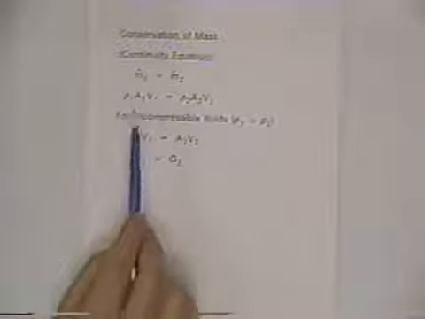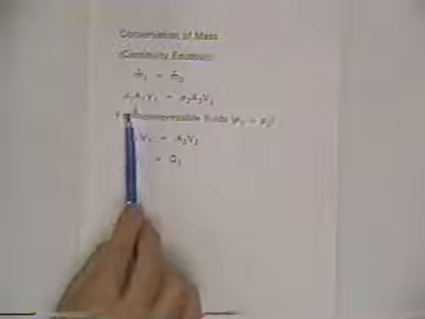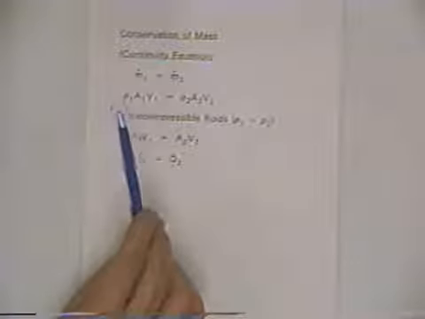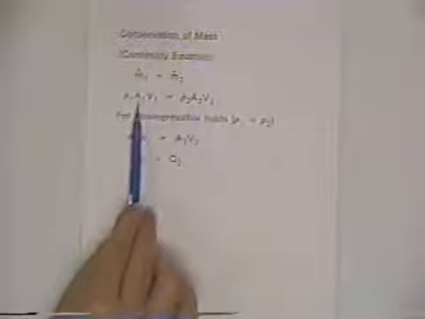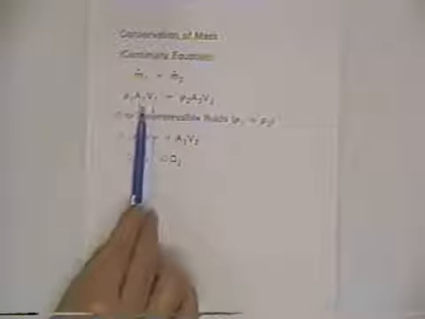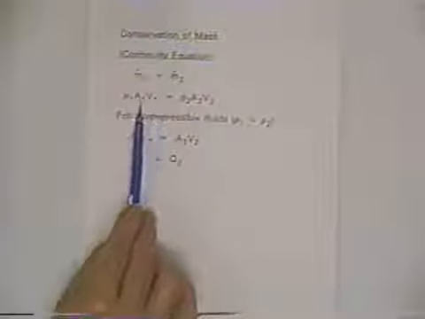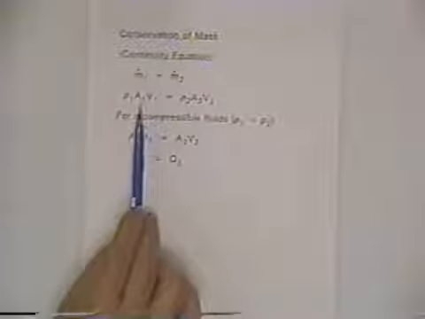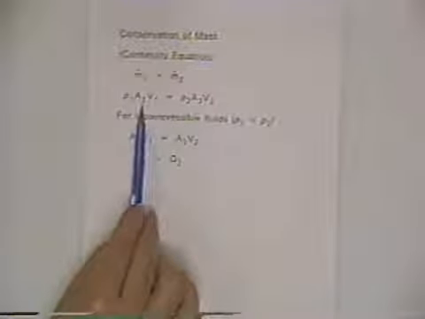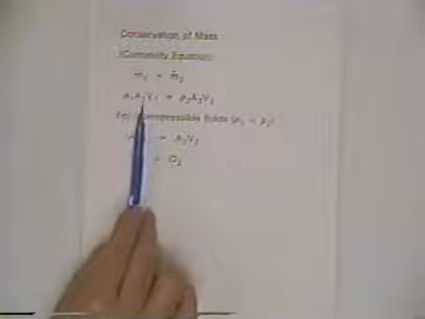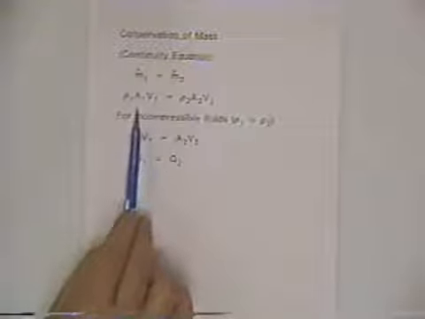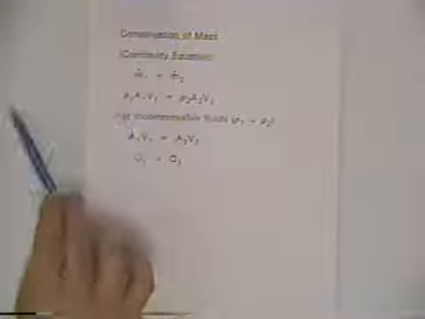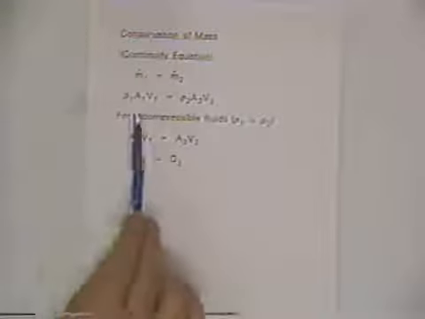And so we can write the mass flow rate as volume times a density. And the volume we can write as a cross-sectional area of flow times a mean velocity flowing through that cross-sectional area. And so that's a representation of volume, and then we multiply that volume, or volumetric flow rate, a volume per time, times mass per volume, and that gives us a mass per time.